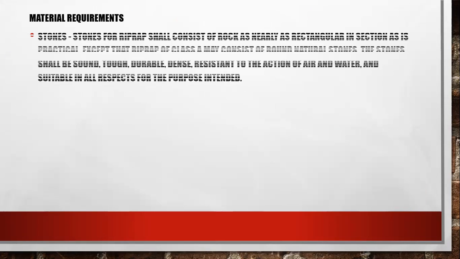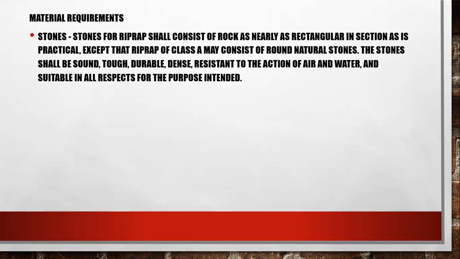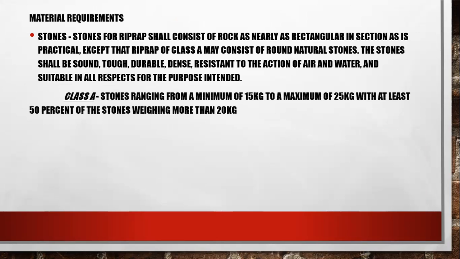Next are the material requirements. The material requirement for riprap or grouted riprap is stone, and there are classes of stone. First, Class A: stone ranging from a minimum of 15 kilograms to a maximum of 25 kilograms.